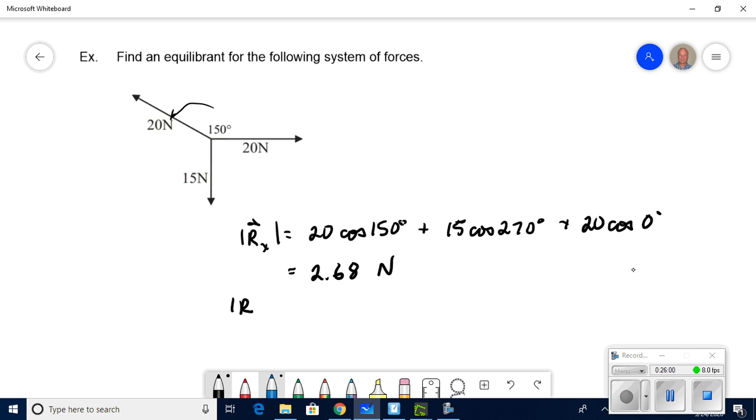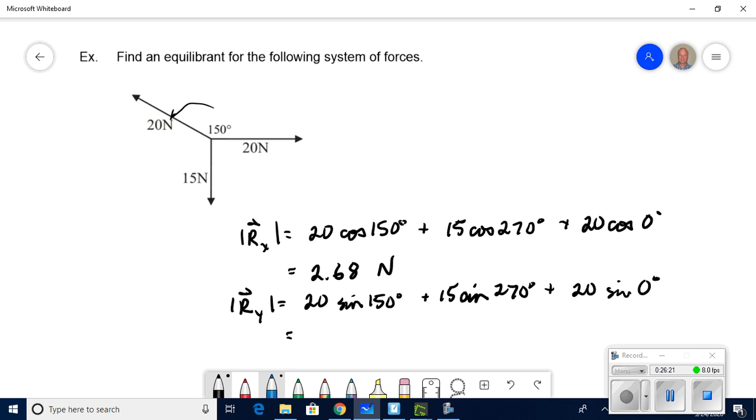and similarly, my resultant y component will be 20 sine 150 plus 15 sine 270 plus 20 sine of 0.